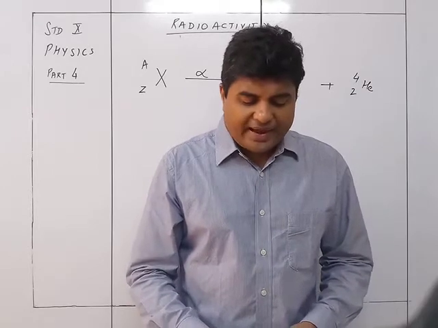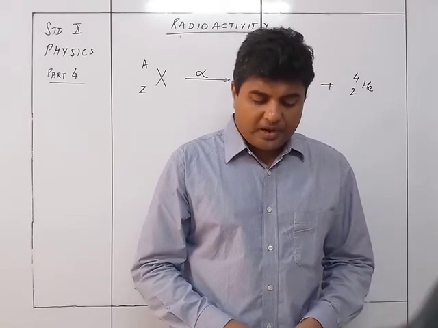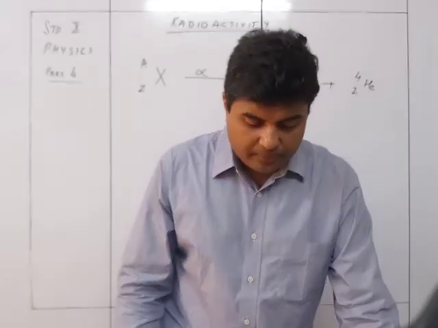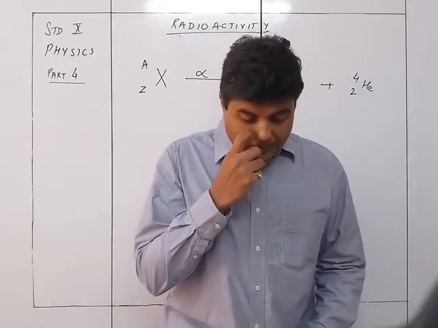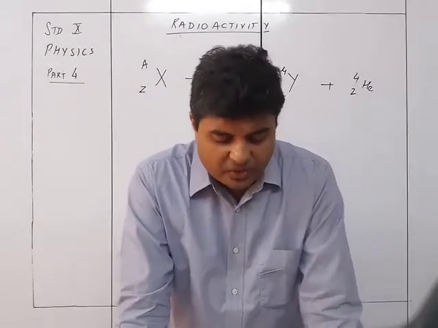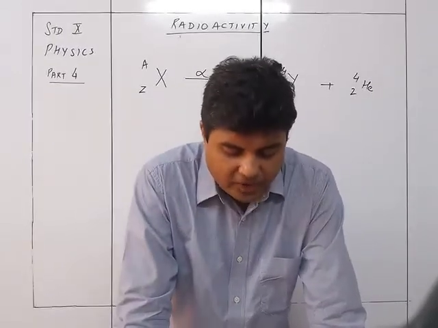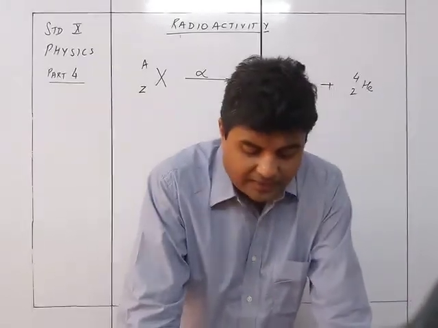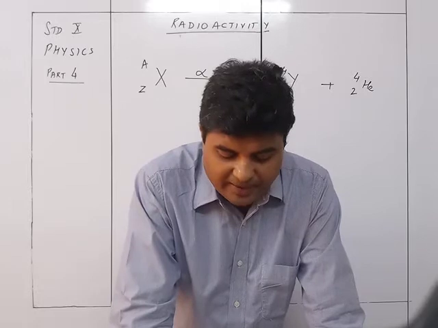If the nucleus X of a radioactive element of mass A and atomic number Z emits an alpha particle, the daughter nucleus Y of the new element is formed, which has the mass number A minus 4 and the atomic number Z minus 2.